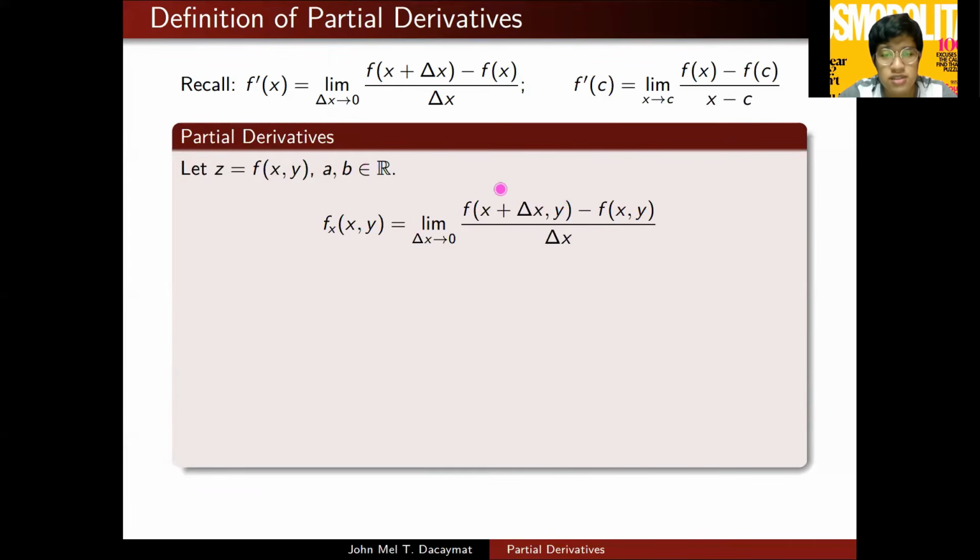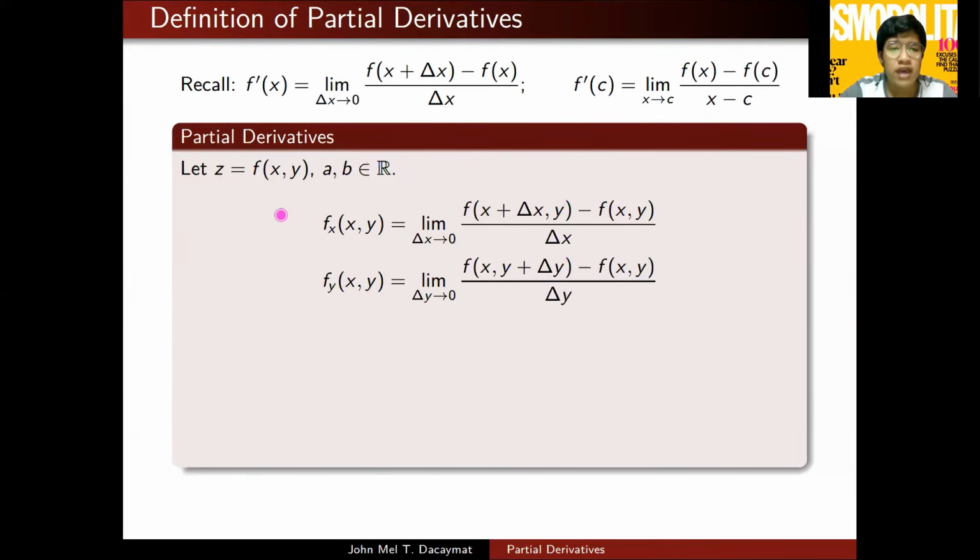Tapos yung sa una, f of x plus delta x, y minus f of x, y over delta x pa din. Very analogous, yung f sub y mo, defined this way. This time, as delta y approaches 0, we get the limit of f of x, y plus delta y. This time, yung x remains untouched. Tapos yung y yung nagbabago, y plus delta y, tsaka y over delta y.